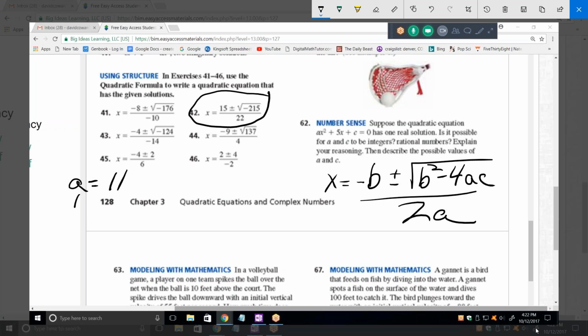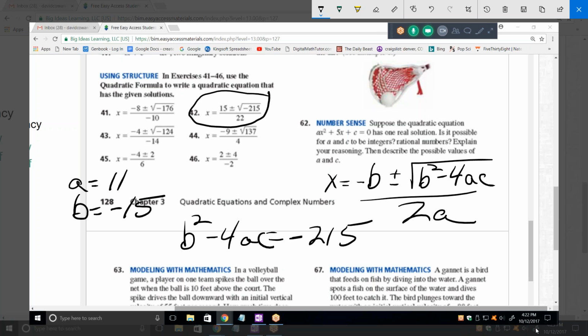What's b? Negative 15. And now you can figure out c, because the discriminant, which is b squared minus 4ac, we can tell is equal to minus 215, right?